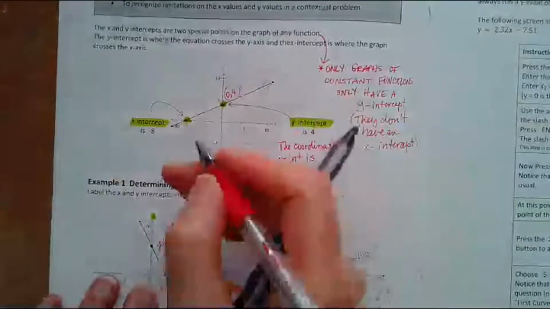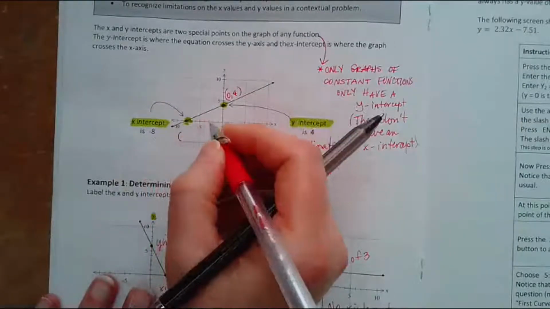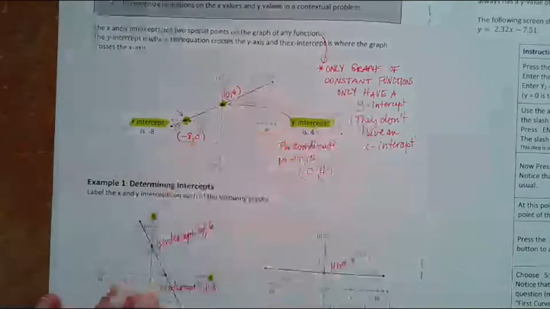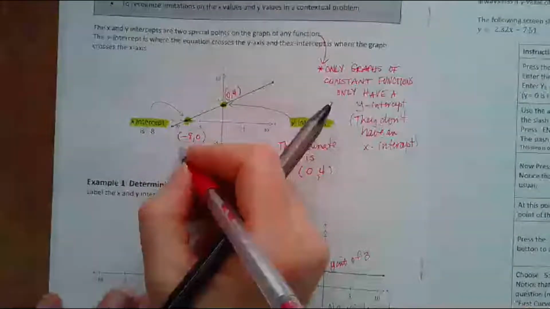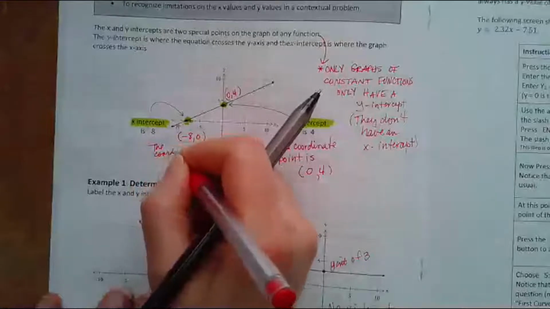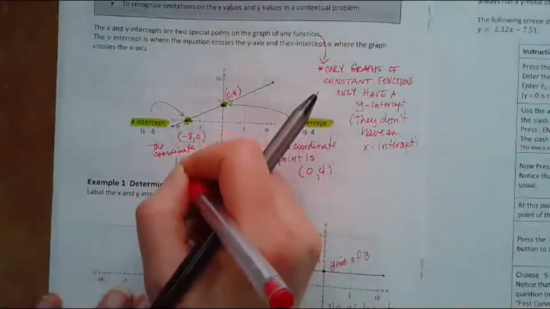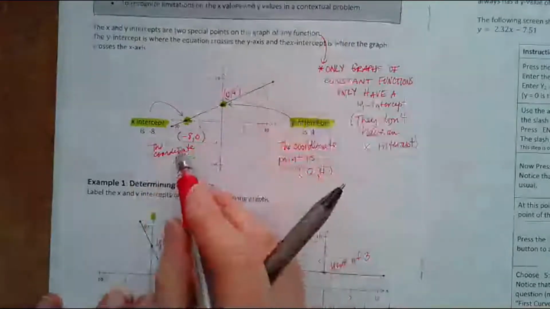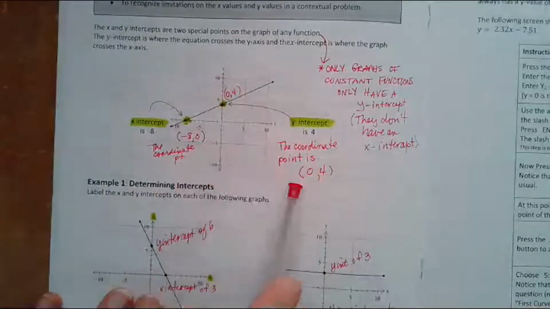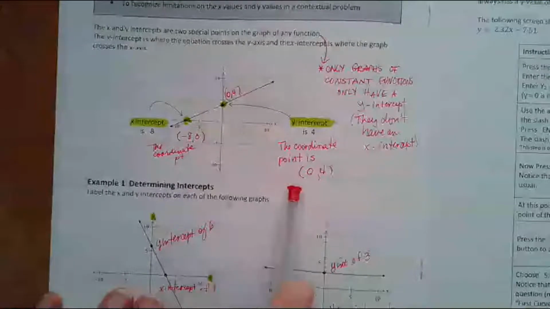For this coordinate point, the coordinate point would be -8, 0. So every intercept will have one of the variables being 0.